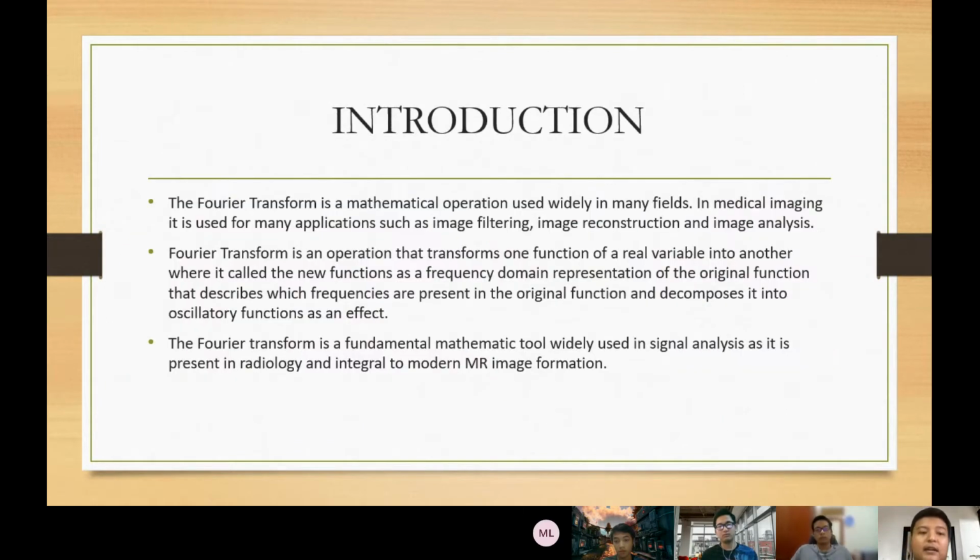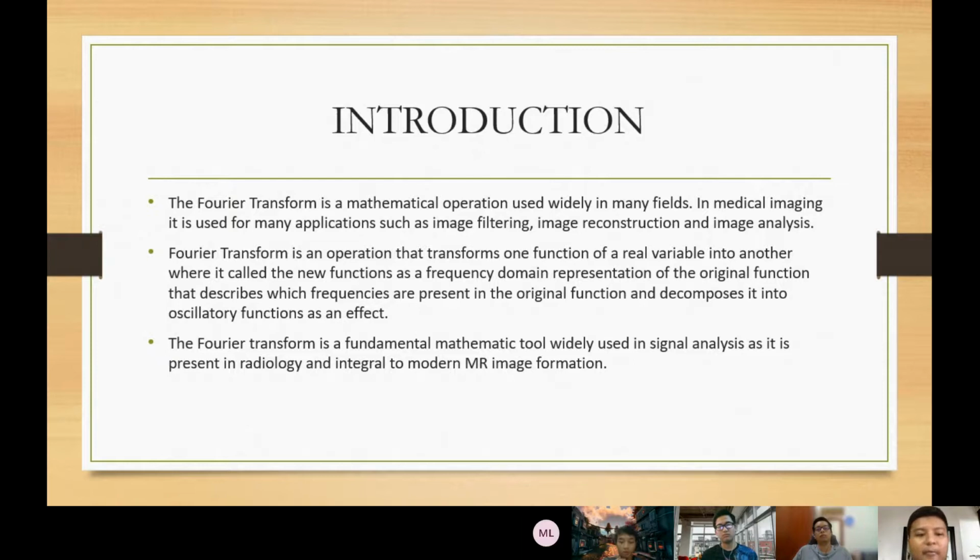So, the Fourier transform is a mathematical operation used widely in many fields. In medical imaging, it is used for many applications such as image filtering, image reconstruction, and image analysis.